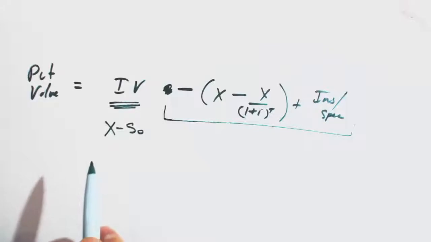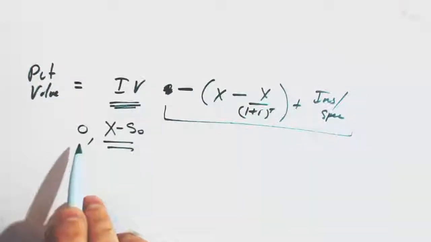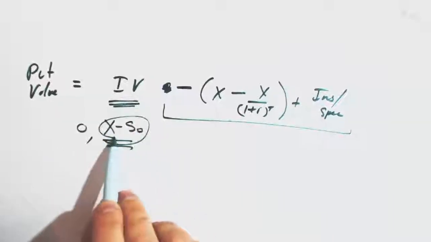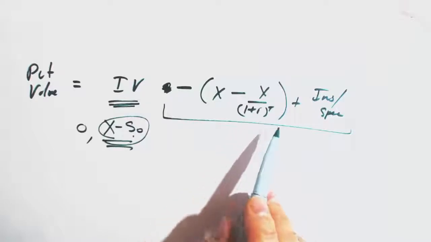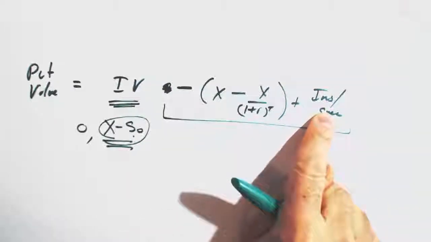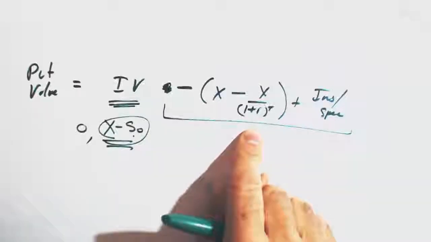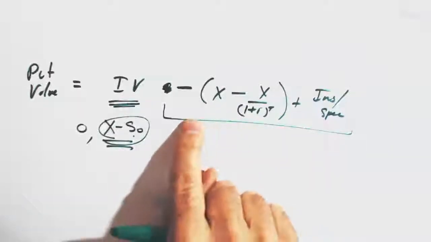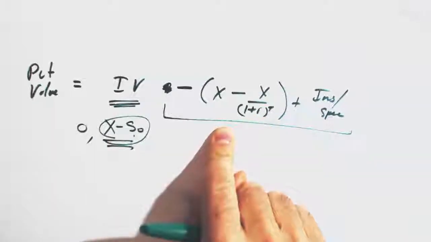You'd never exercise it if it's out of the money, so it's got to be this guy. Can't be the 0. Can't be this. You exercise it, you get this, you're throwing these two components away. When I say throw away, well, you're literally throwing away the insurance or speculative value, but throwing away a negative is actually a positive. So when you throw away this and get rid of this, it's actually good.